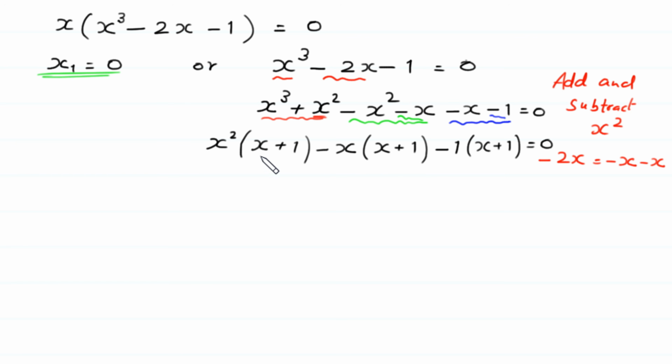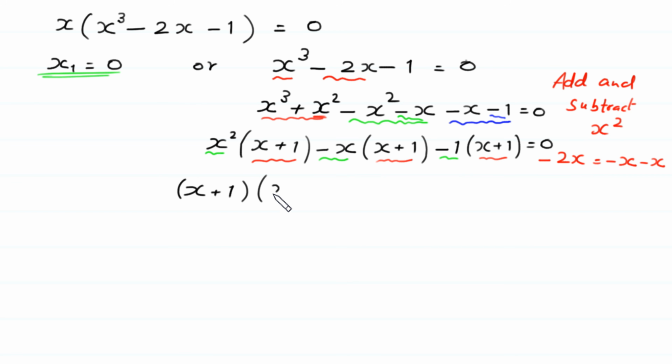Now as you can see, this expression x plus 1 is a common factor. So we factor out this x plus 1 as a common factor, and in bracket left this x squared, this negative x, and this negative 1.